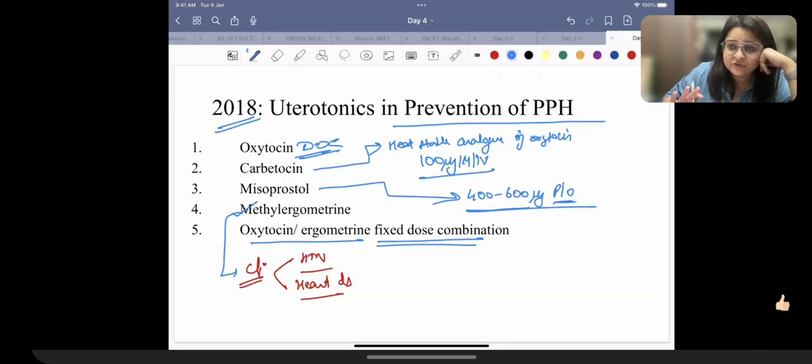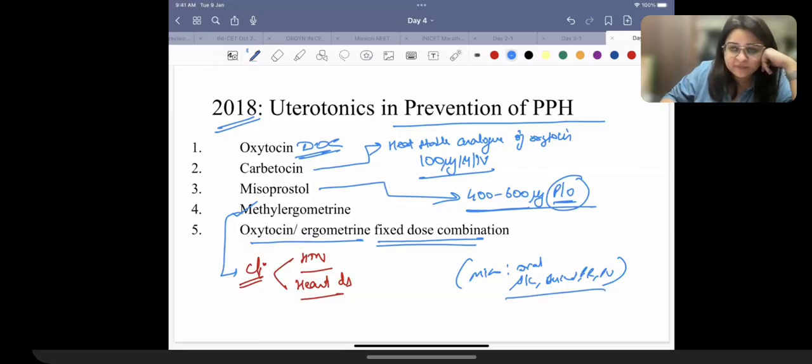Yes, Jigar, you can give misoprostol. So misoprostol is a drug which you can give orally and you can give it submucosally. So sublingual, buccal, rectal, per vaginal, you can give in all these routes, okay. But the WHO mentions it to be given orally, but yes, many times we give it per rectally also.